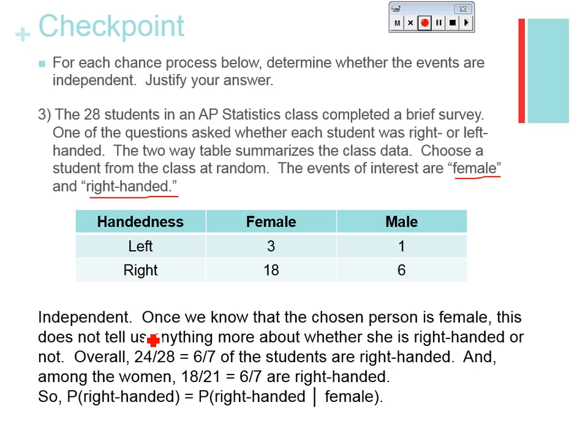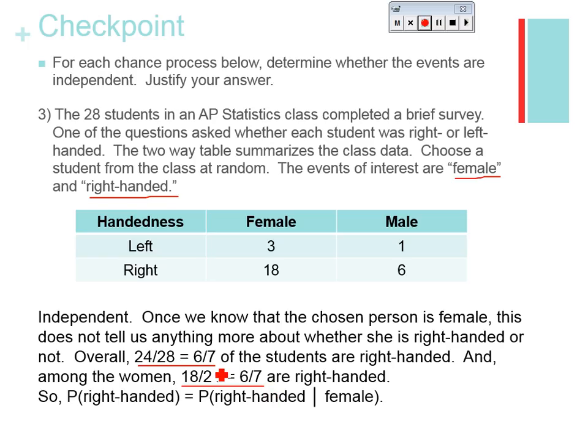So these events would be independent, and the reason for that is because if you first find the probability that a student is right-handed, that would be 24 out of 28. There are 24 right-handed students out of 28 total students. And among the women, there's 18 women who are right-handed out of a total of 21 women.